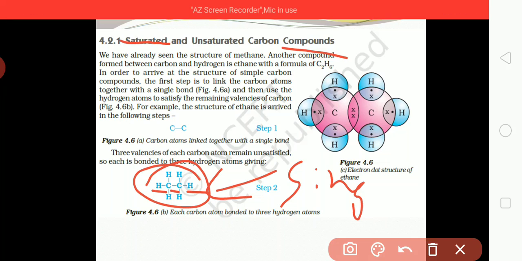Once again I am repeating, if in a whole compound there is only the presence of single bonds, then such a compound is said to be a saturated compound. So from this we can say that in a saturated compound there will be only a single bond between two elements.